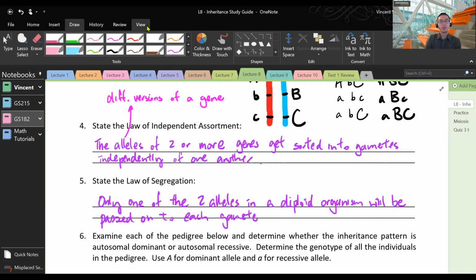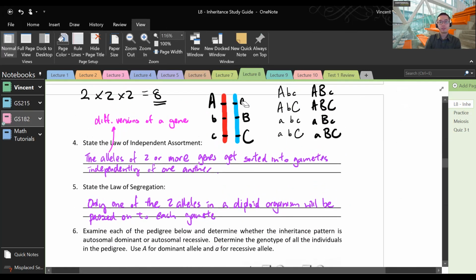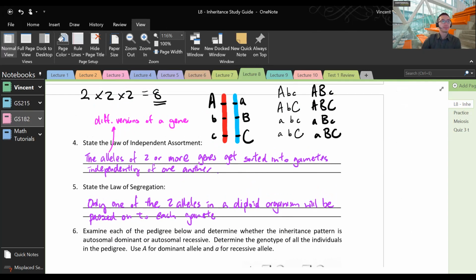Okay, so even though we each have 2 copies of each gene, we will only be passing on one of them. We know that already. Okay.